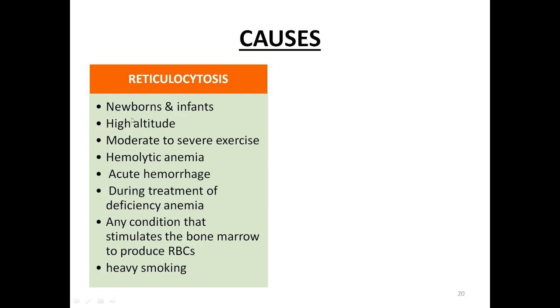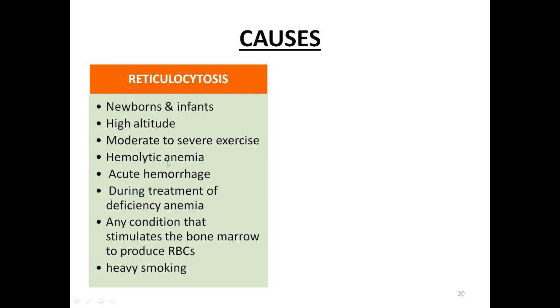When a person goes to high altitude, their cell count starts decreasing, so as a compensation the bone marrow will start producing more and more cells. Also moderate to severe exercise. So these are the physiological causes.